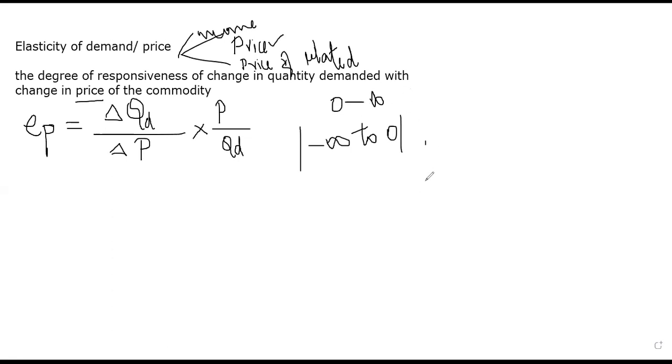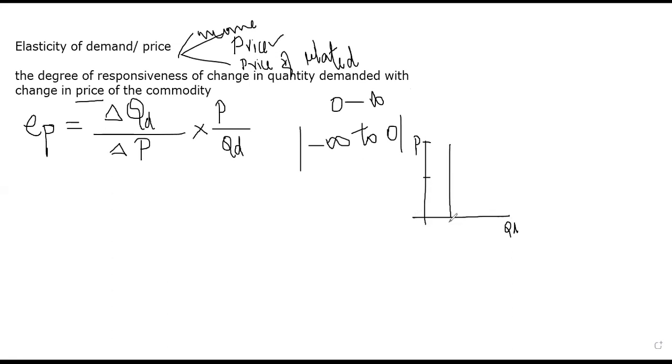Now, what does 0 actually indicate? 0 is indicating that whatever be the change in price, let it be 0, let it be 100, or let it be any value that is denoted for price, there will be no change in quantity demanded.